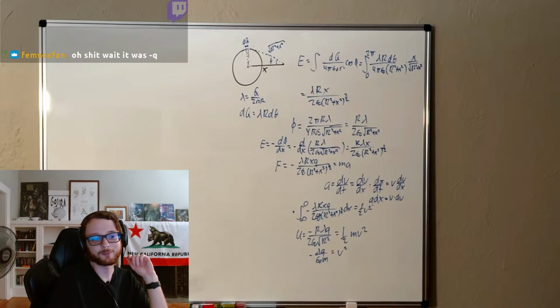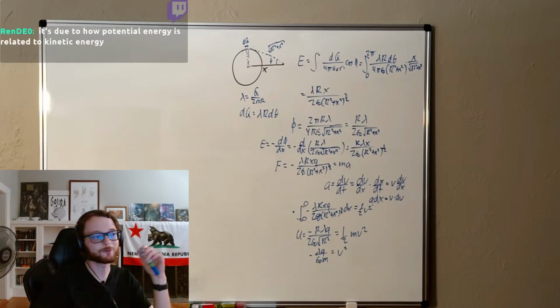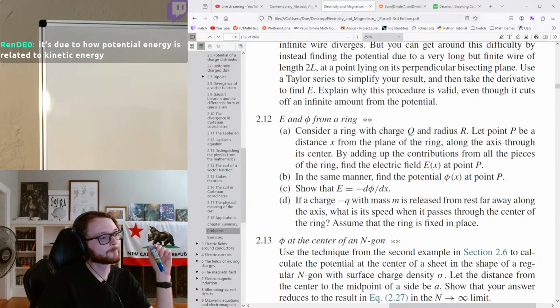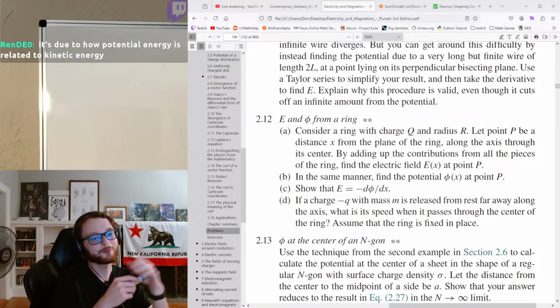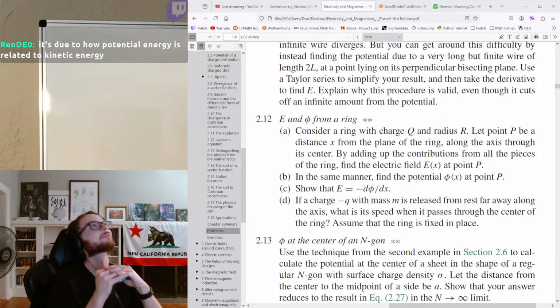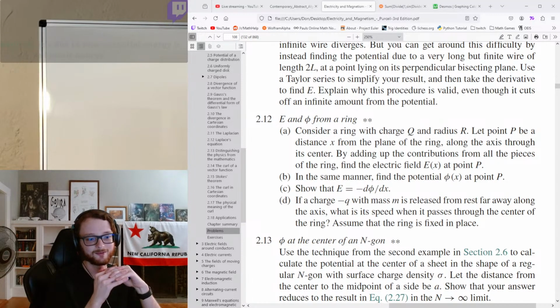Well, yeah, the minus q is why I was putting the minus sign there in the first place. How is potential energy related to kinetic energy? They sum to 0. They're supposed to have opposite signs? What I should have written is I should have added them and set them equal to 0.